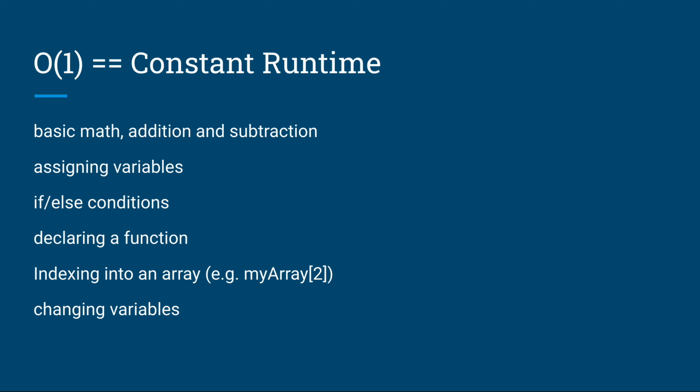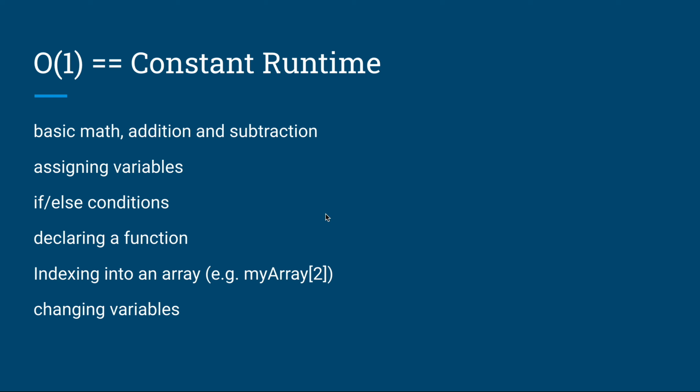And we'll go into that in a future class of how exactly that is constant, but when you get a specific number out of an array, it's constant. When you're doing a loop through an entire array, now it depends on how many elements are in the array. But if we're just getting out a specific element, it's constant. And changing variables, so var a gets 7, and now a gets 15. Same thing, it's just assigning.